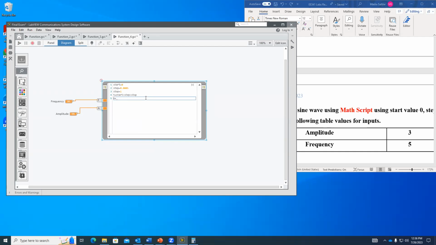A sine wave has an amplitude A multiplied by sine of omega t. So what is omega? Omega equals 2 multiplied by pi multiplied by f. And w into t. It will be w multiplied by t.